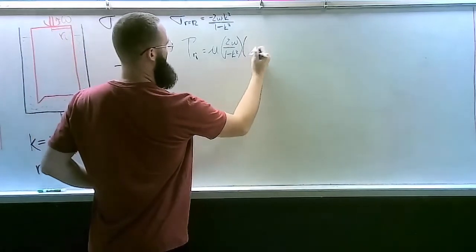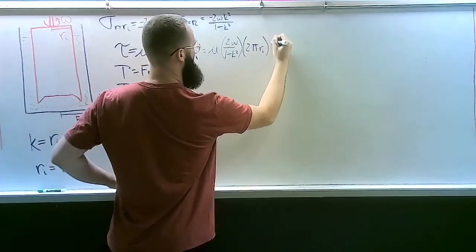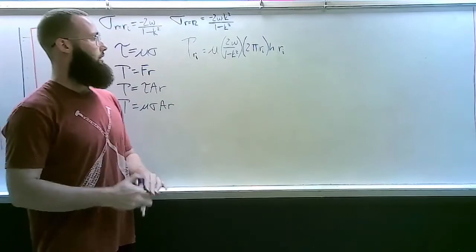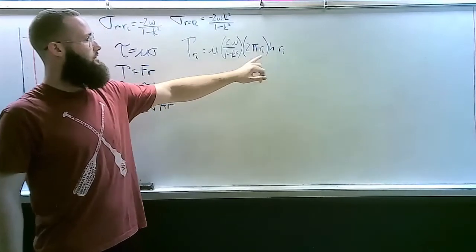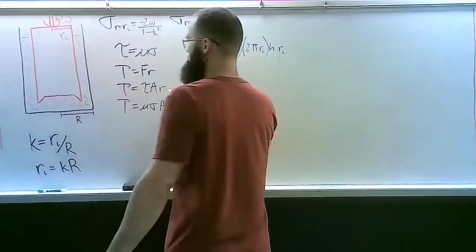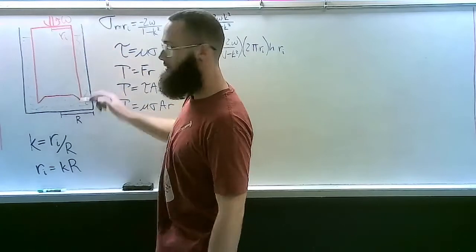And then we're going to multiply it by the area, which will be 2 pi Ri times h, and times Ri. The area here will be 2 pi Ri times h, because 2 pi r is the circumference of a circle, which will be the circumference of this inner cylinder times the height.